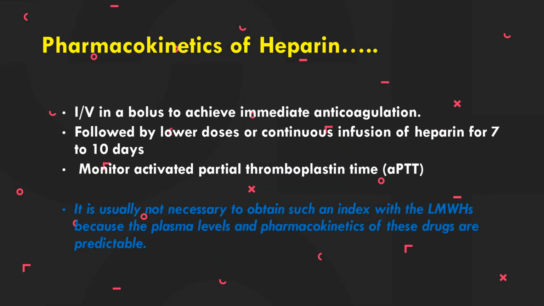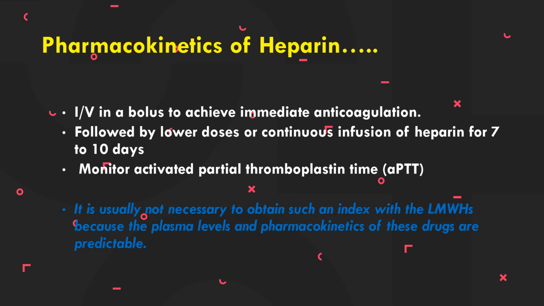So if you continue the pharmacokinetics, it is given as an intravenous bolus for immediate anticoagulation if we need a rapid action. Then that is followed by continuous infusion or low dose of heparin for 7 to 10 days. And mind one thing, students, whenever you are giving heparin, it's affecting the blood system. Of course, you have to monitor several things.